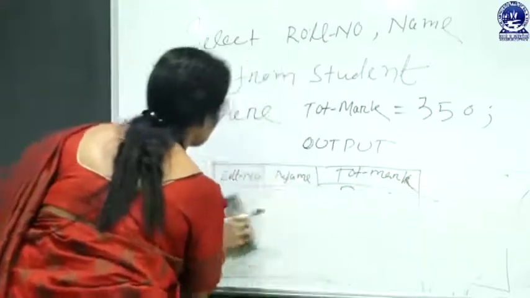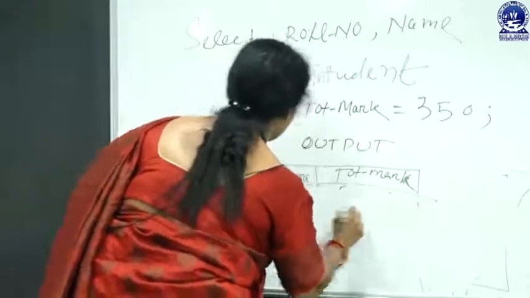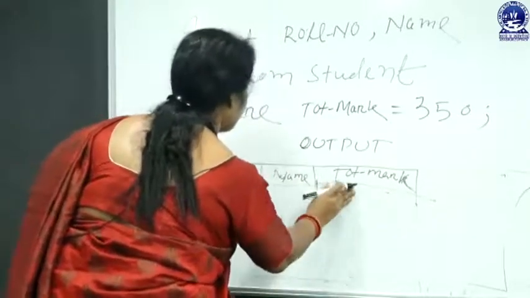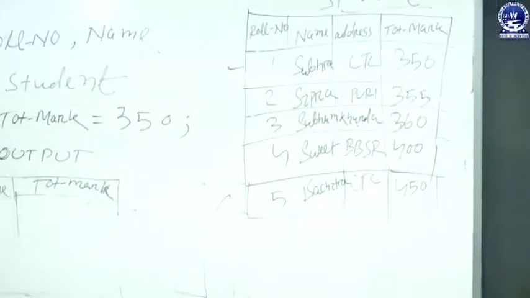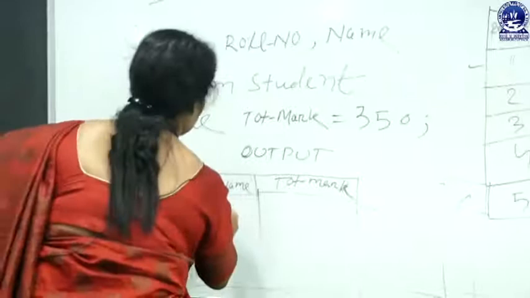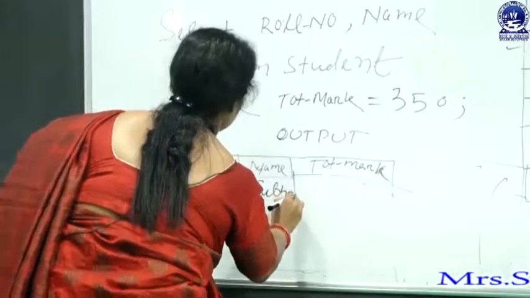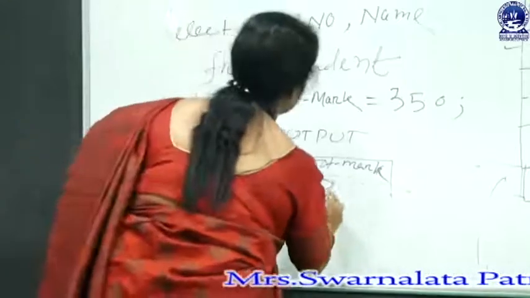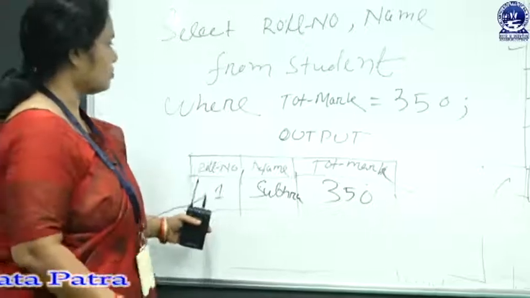After running this command, the output will be roll number 1, name Subhra, total mark 350. This will be the output.